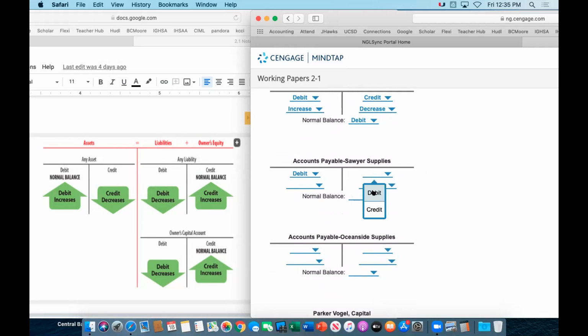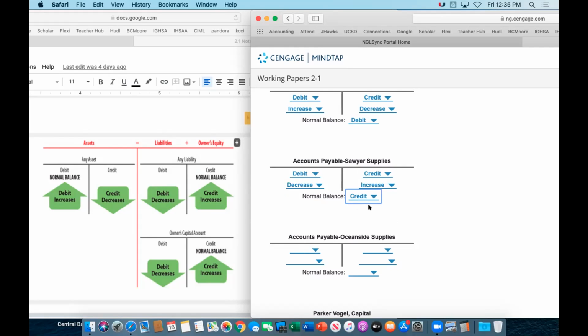Left side debit, right side credit. Absolute, doesn't matter asset or liability. Accounts payable is a liability. It increases on the credit side. Opposite of increase, decrease, right? So I get used to it. Normal balance is a synonym for the increase side. So for accounts payable, credit.